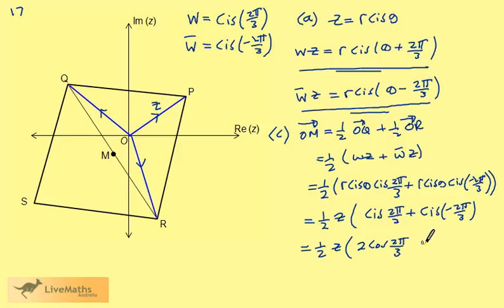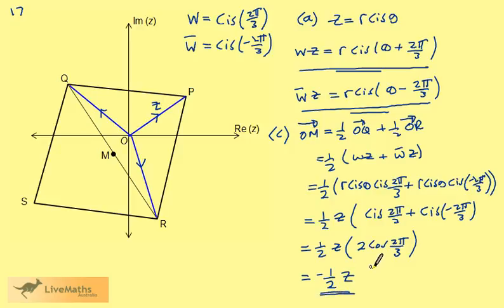On the other hand, the sine of negative 2 pi by 3 is negative sine 2 pi by 3. So the sines will cancel. The cos of 2 pi by 3 you should know is negative a half, times this 2 gives us negative 1. So we're left with negative a half Z.